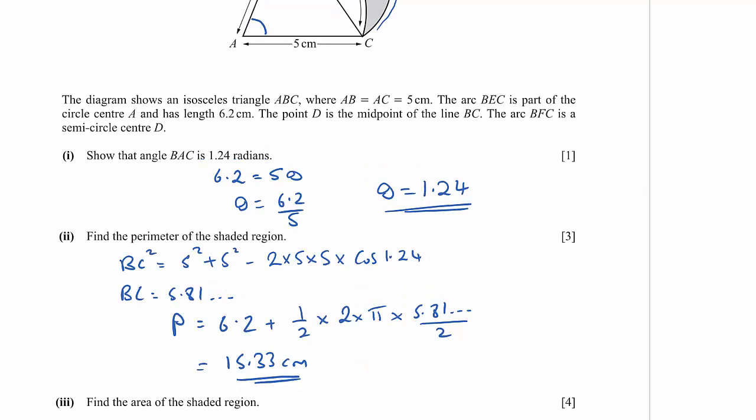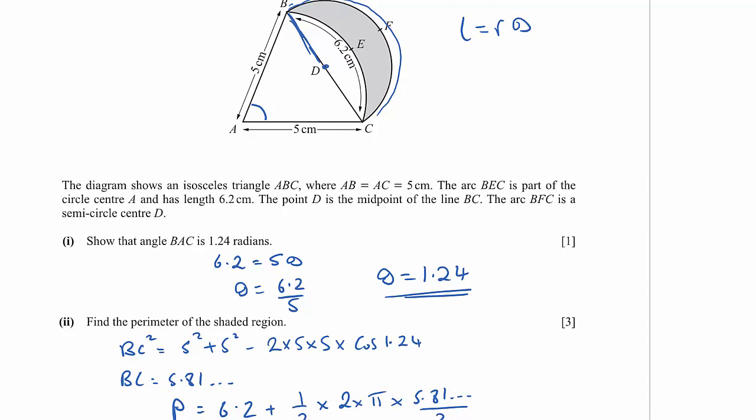Okay, so now we want the area of this shaded region. Well, we always need a strategy for doing this thing, and that's a semicircle. So I'm going to have the area of that, and then I'm going to take the area of this segment.